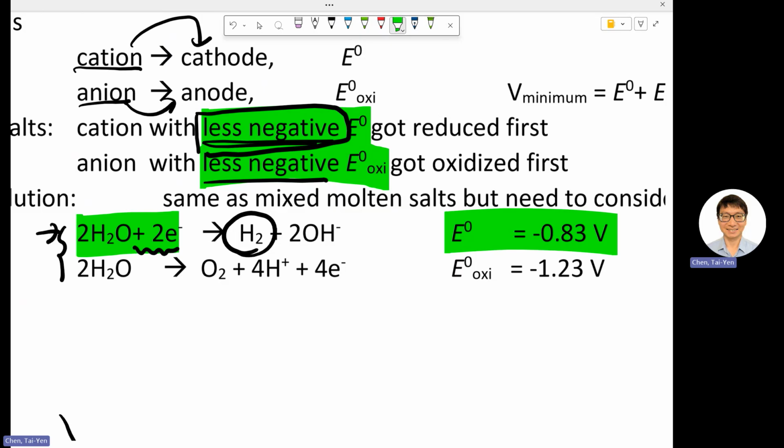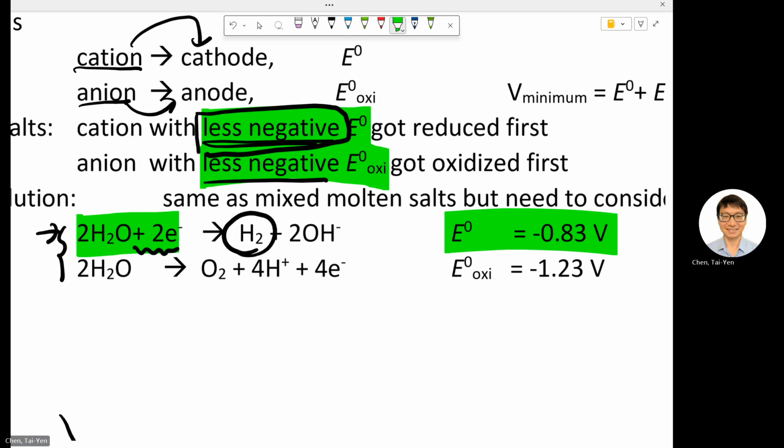You should respond with, okay, I should look for cations and water. Then what do you do? This is the cathode, right? It's reduction, so you're looking for the reduction potential. Whichever species has the less negative reduction potential will be the species that is electrolyzed first. So that is really basic logic.